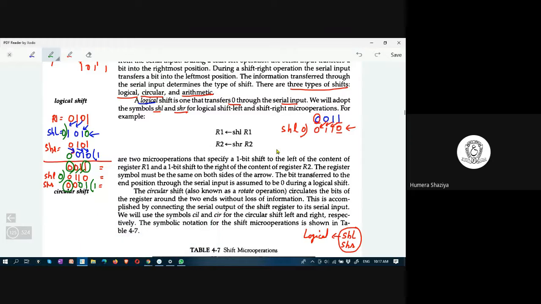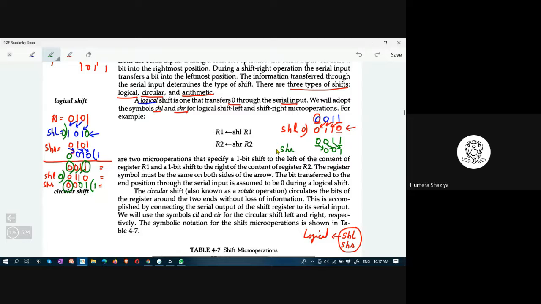Now logical shift right. Let us take the same binary number. This is logical shift right. This is leftmost. This is rightmost. Now you have to transfer the bits to the right position. So this bit will be moved to its right. This will be moved to its right, and this will be moved to its right.